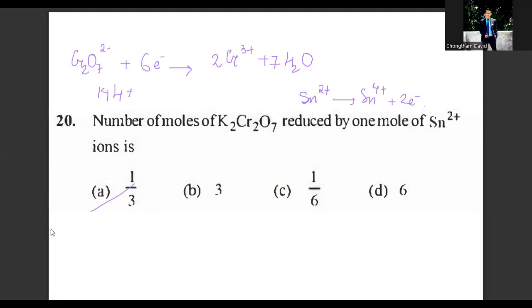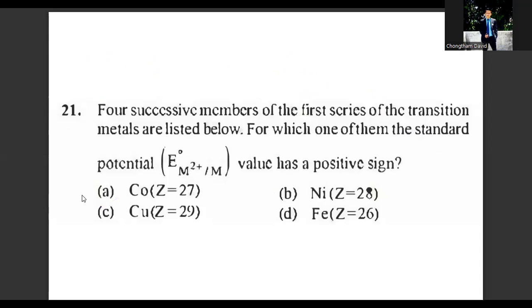Moving on to question number 21. Four successive members of the first series of the transition metals are listed below. For which one of them does the standard potential value have a positive sign: cobalt, nickel, copper, and iron. Now, if you look at the SRP values of copper, cobalt, nickel, and iron, keep in mind the SRP value of copper is plus 0.34.